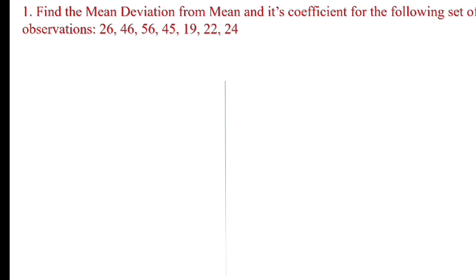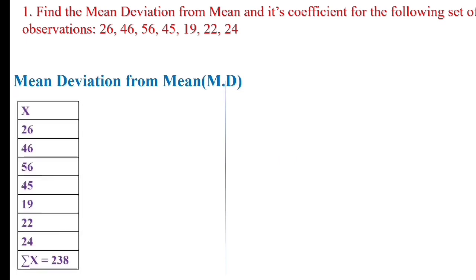This series is called an individual series of observations. In this series we will first study mean deviation from mean. The individual series of observations is given. We know the formula, summation x divided by n.